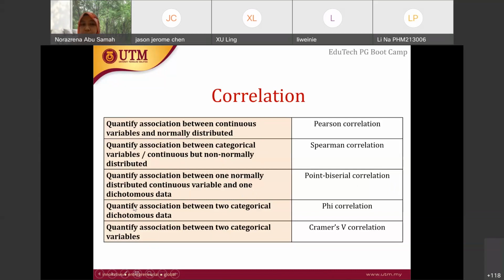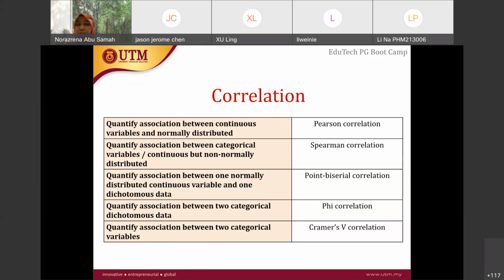And then, to quantify association between two categorical dichotomous data or between two categorical variables. For these two, this is for categorical data, categorical variables, maybe ordinal and nominal.